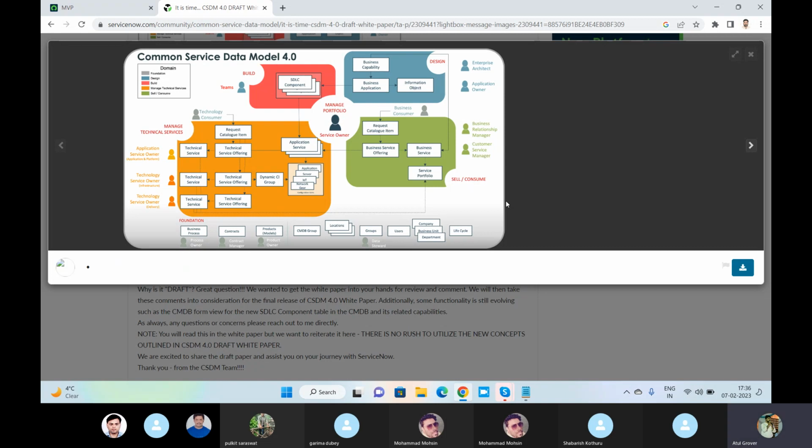Now, how are they going to report how efficient the HR department is, department wise? This is the main fundamental concept of the CSDM: we have to build a platform, or a model, which is common for everybody.